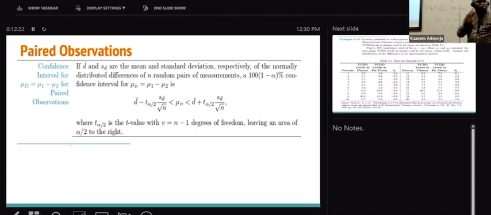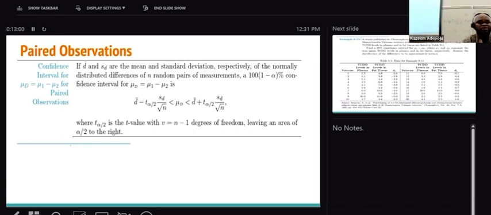This is the third scenario, when the population variances are unknown but assumed to be equal. And the degrees of freedom is basically this.